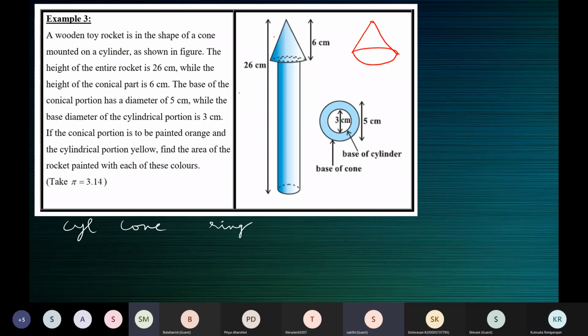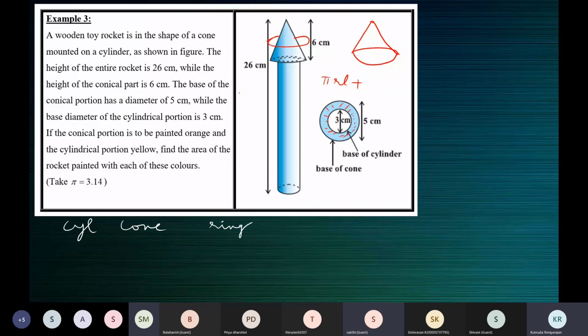Yes. Is the base of the cone fully available to be painted? No. What portion is sticking out? This portion is only sticking out.